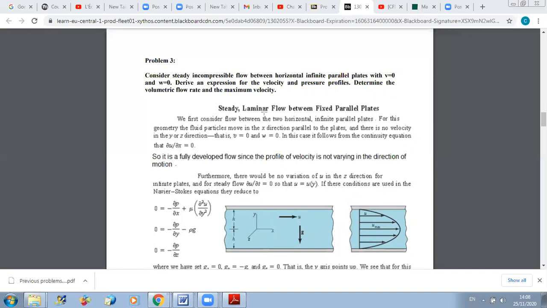How do we deduce this? If we go to the formula sheet, the formula sheet will allow us first for the continuity equation. From the continuity equation, what do we have? Let me open the formula sheet. One second.